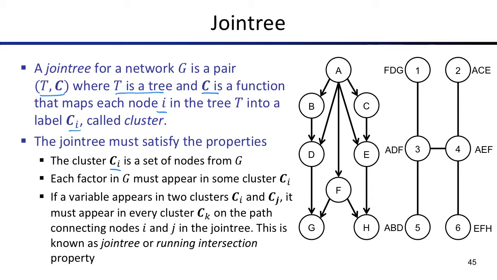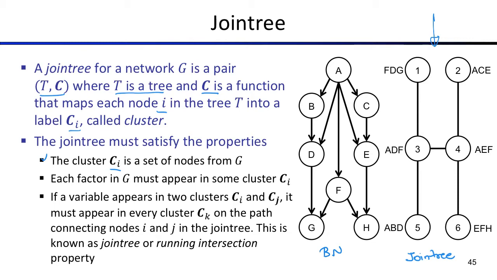So here we have a Bayesian network and also a Jointree for this Bayesian network. What we can see first, regarding the properties mentioned, is that it is actually a tree, so there are no cycles in this structure.